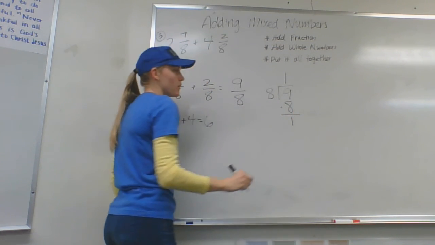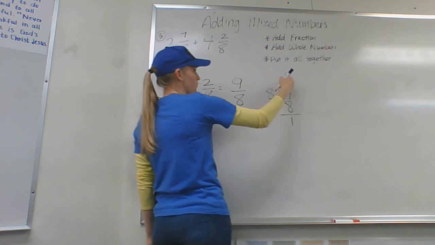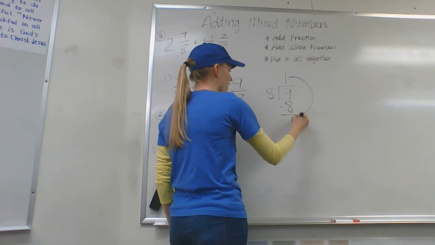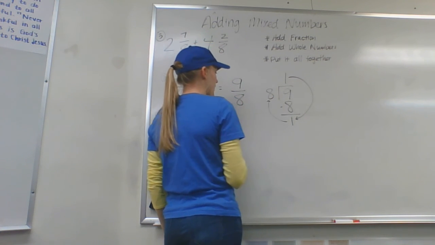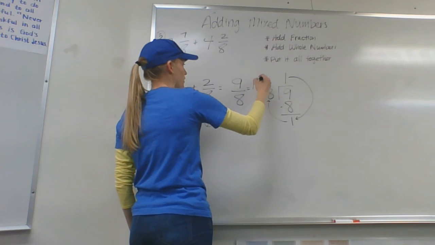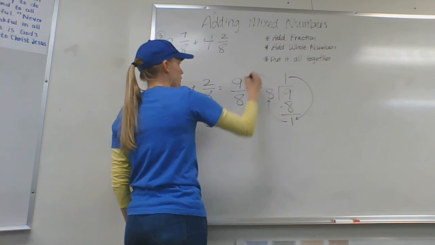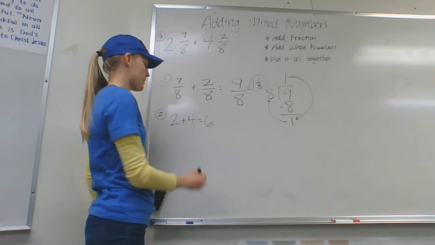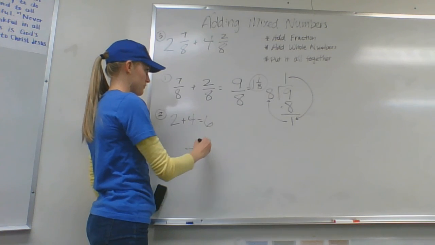You get a remainder of 1. And then remember, you go around, starting where your answer normally is in division at the top. You have 1 whole and 1/8. So this equals 1 and 1/8. So now when we put it all together, we have 1 and 1/8 and 6, which would be 7 and 1/8.